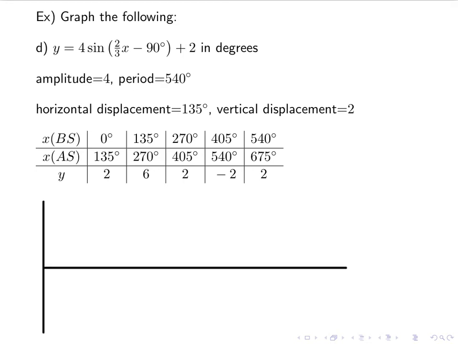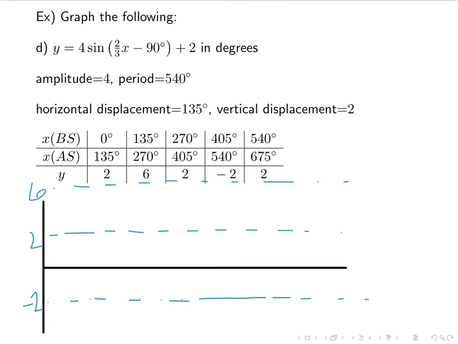So when I go to graph it, again, I'm going to keep those numbers in mind. So I have a negative 2 down here. I have a positive 2. And then I have a 6, which is not quite to scale there, but I'll try my best.